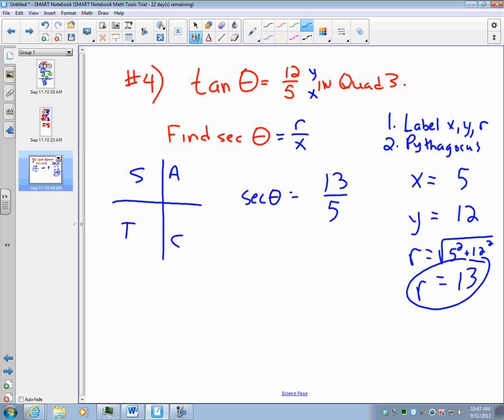But I'm in quadrant 3. Secant is not a tan function, right? So therefore, this must be negative. The whole thing is negative. Well, technically, the 5 would be the negative part, but it doesn't matter where you put the negative sign. That's important too. Did you hear that? It doesn't matter where you put this negative sign. It just has to show that this value is negative somewhere.